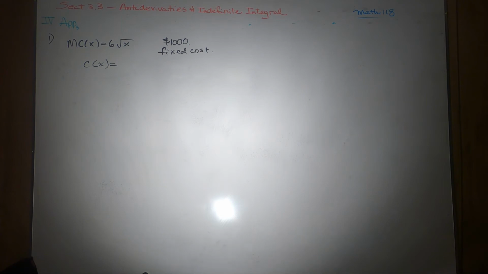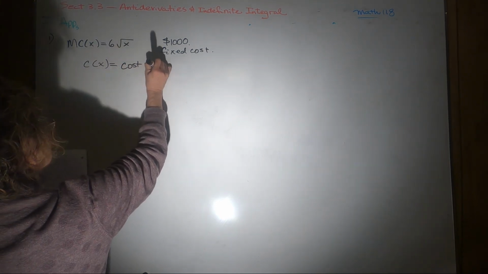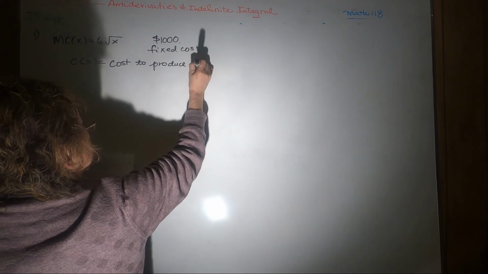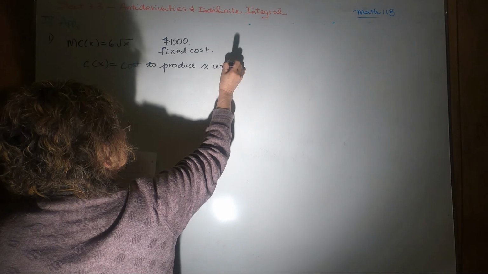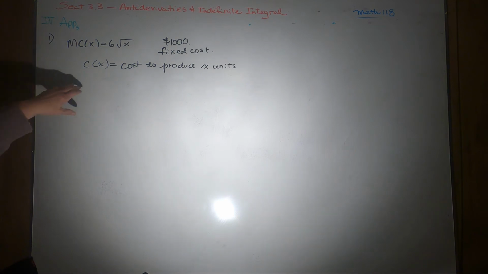So what does cost function mean? It means the cost to produce total X units, right? How much it costs you in total. So if X is 1, that means how much it will cost you to produce 1.